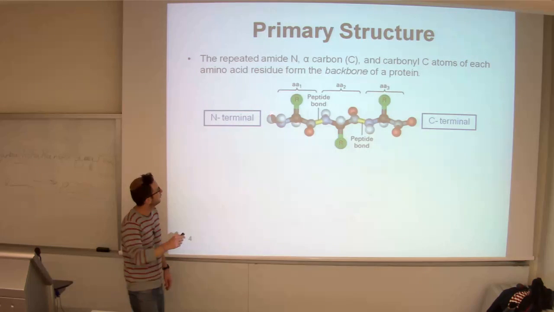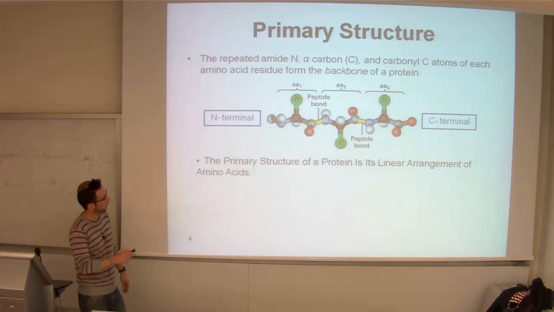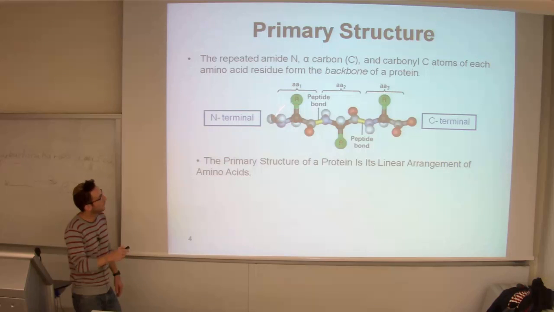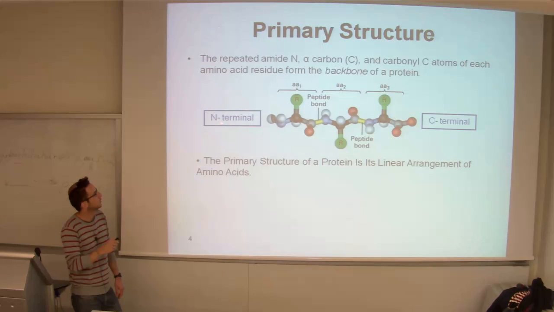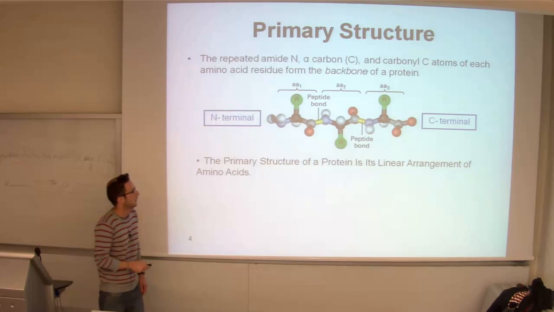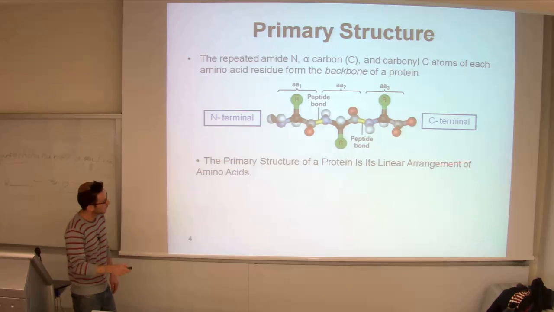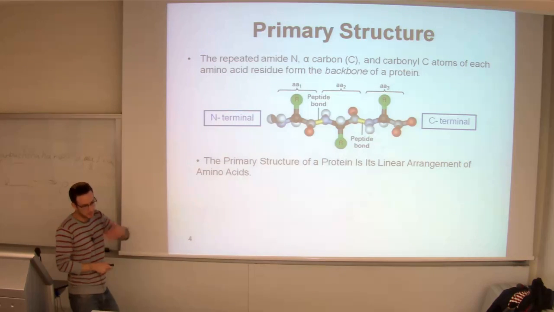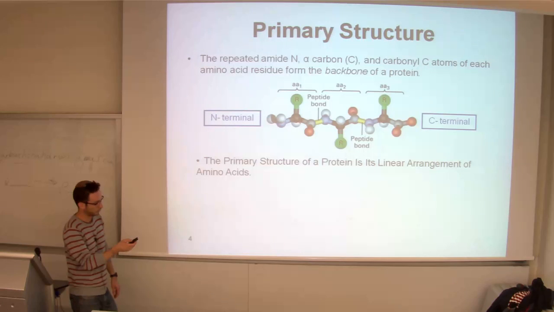One side of the polypeptide will have the amino group exposed, while the other side will have the carboxyl group exposed. So the first end is called the N-terminal for the nitrogen, and the other side will be C-terminal for the carbon. And the linear arrangement of amino acids, just the sequence, is exactly the primary structure of a protein.